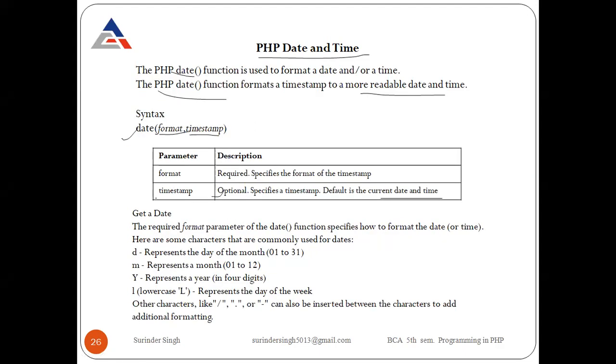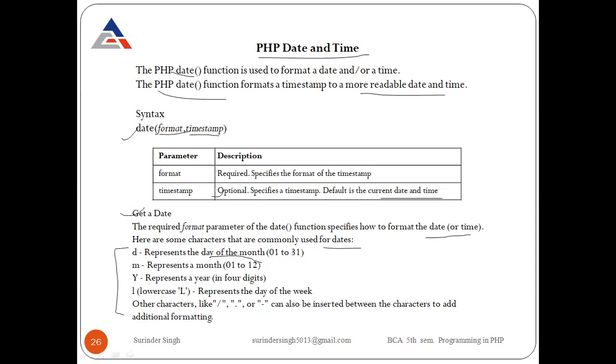Clear? Now how can we print a date? The required format parameter of the date function specifies how to format a date or time. Here are some characters that are commonly used for dates. Clear? These are the characters which are used for printing date. First is small d, which represents the day of the month.